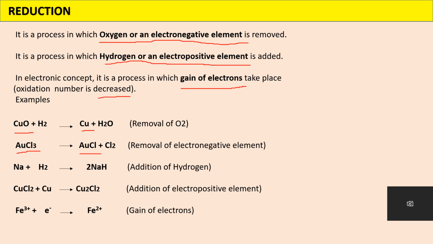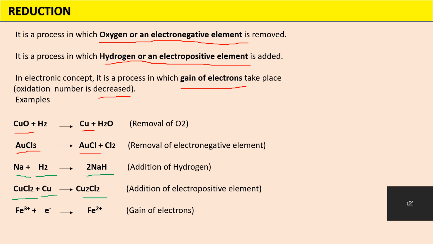In the third example, we can see addition of hydrogen to sodium is reduction of sodium to NaH. In the fourth example, we can see addition of an electropositive element copper to CuCl2. So this is reduction of CuCl2 to Cu2Cl2.